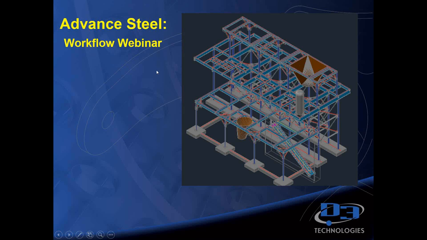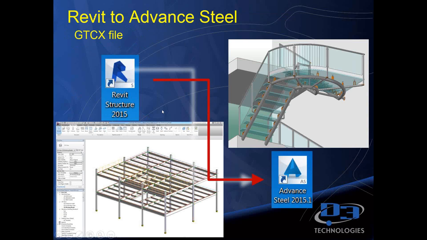We're in the Advanced Steel Workflow webinar today. We're going to look at how we use Advanced Steel to model in and get our documentation out of. Also, we'll look at how that works together with all the Autodesk products. In my demo today, I'm going to start in Revit Structure.